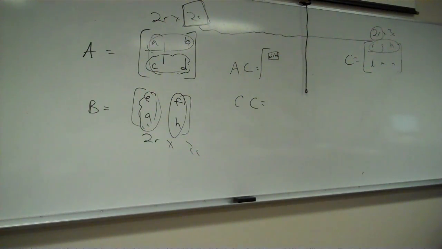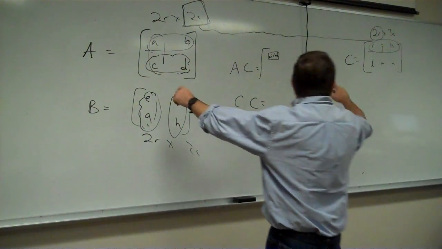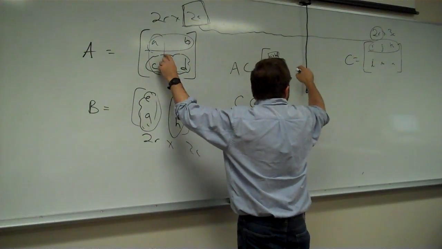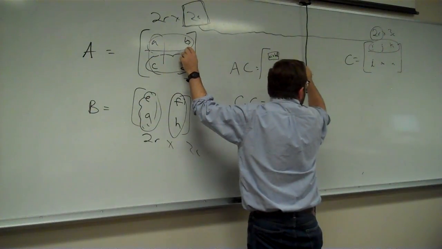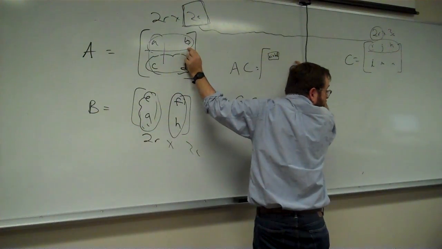What about A times C? A times C. Let's go further here. First row, second column: A times J plus B times M. Are you good with that, MJ?